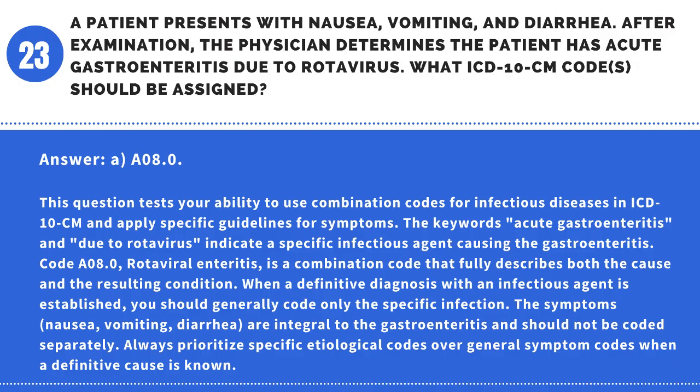When a definitive diagnosis with an infectious agent is established, you should generally code only the specific infection. The symptoms, nausea, vomiting, diarrhea, are integral to the gastroenteritis and should not be coded separately. Always prioritize specific etiological codes over general symptom codes when a definitive cause is known.